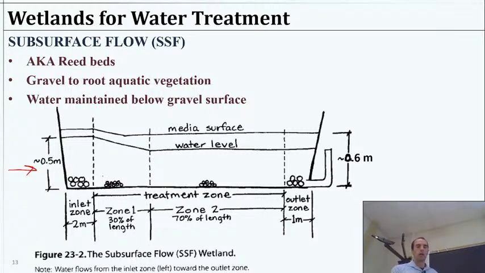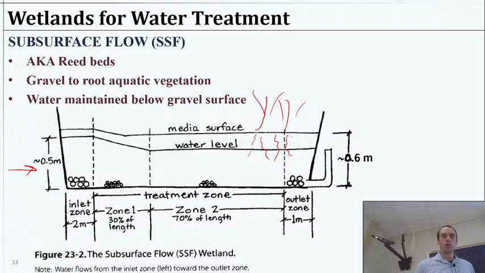And in the inlet and the outlet, you can see they drew larger gravel in both cases, just to protect the inlet and the outlet, make sure everything's flowing nicely, with a little bit of a finer gravel for the other parts. And then all the plants, of course, will be growing from here, and the roots will be coming down like this. So that's a typical setup for a subsurface flow.